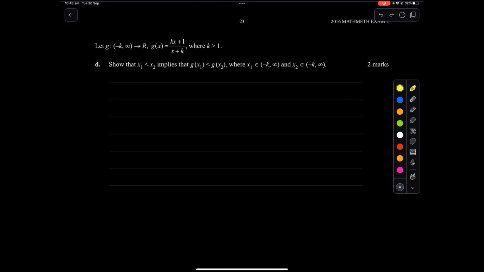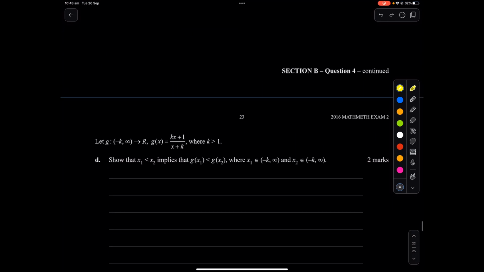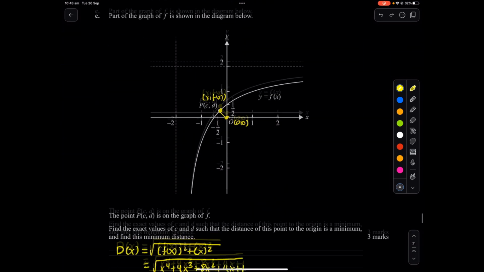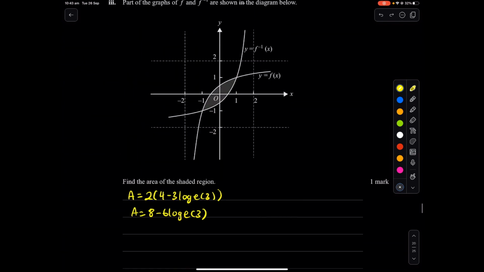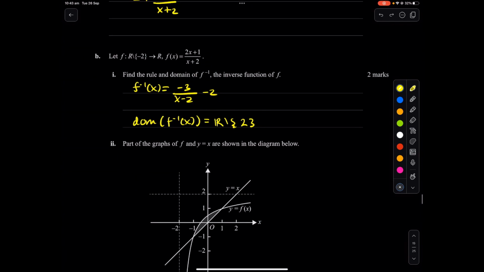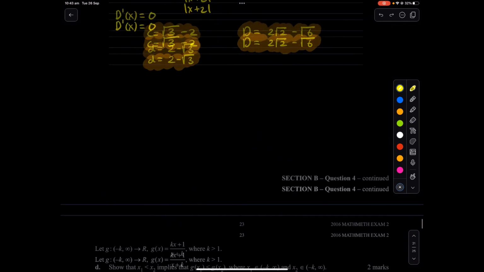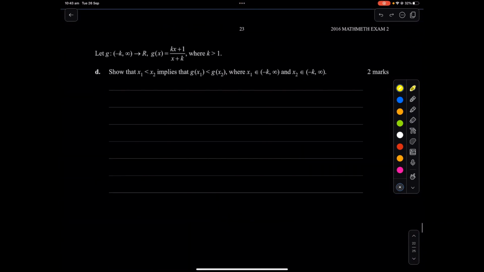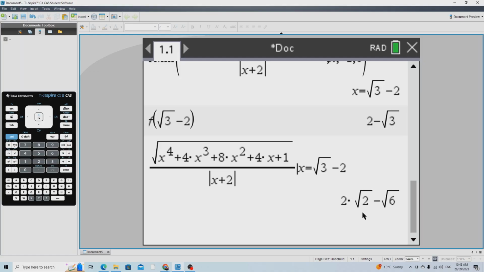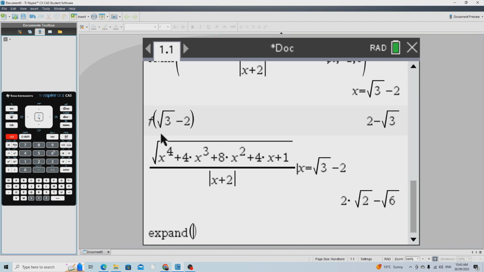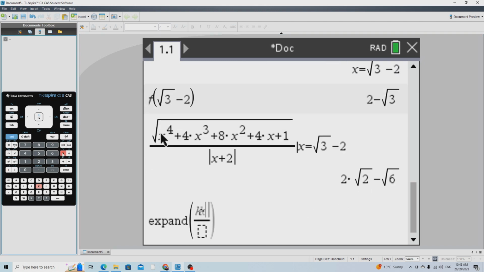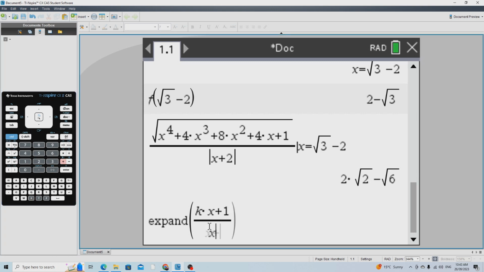This equation is the same as this one, but whereas this one has k. I'm going to rewrite this, expanding the form: expand k times x plus 1, x plus k.